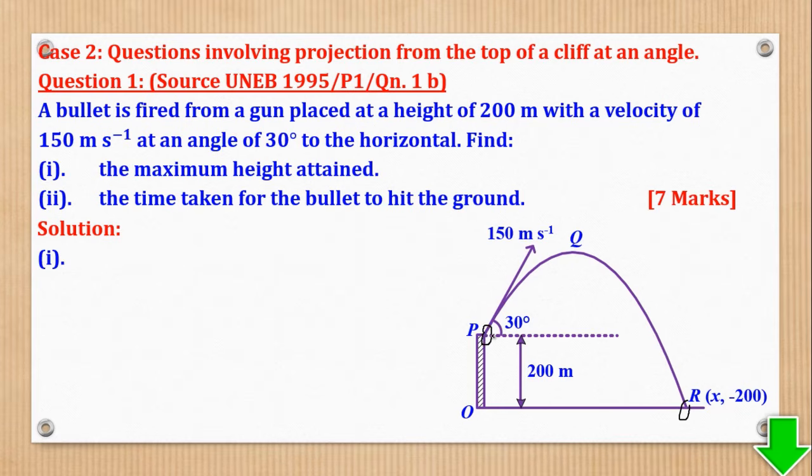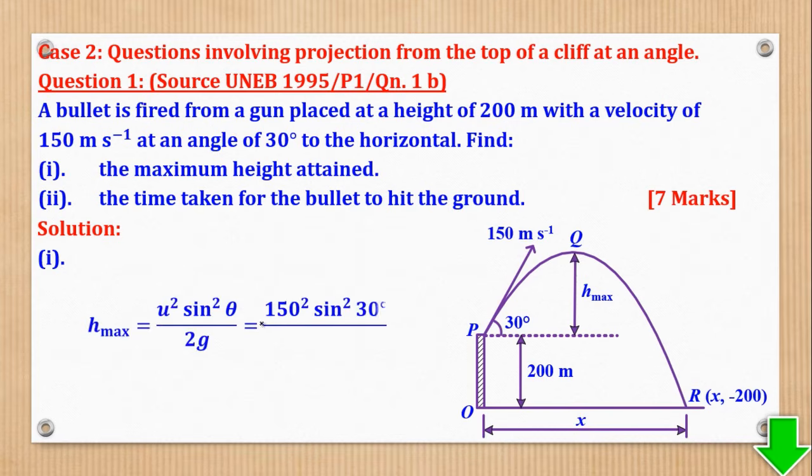So any distance below the point of projection is negative. That is h max, the maximum height from the point of projection, and this will be the total horizontal distance traveled. It is different from range. Range is the distance from here up to here, but this is the total horizontal distance traveled.